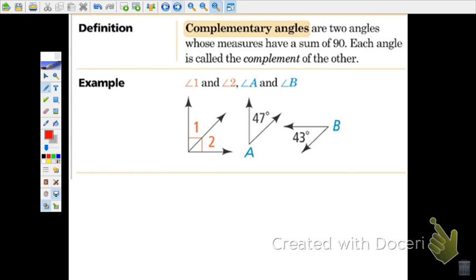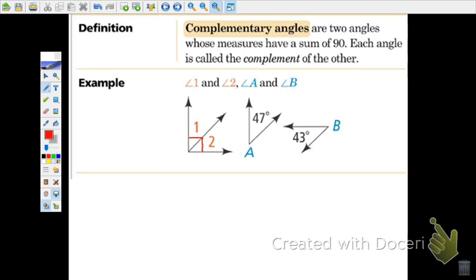In this first example, we know angles 1 and 2 are complementary because of that right angle box in the diagram. We don't know anything about the specific measures of angles 1 and 2. It doesn't matter. We know that they are complementary because they form a right angle, which is 90 degrees.